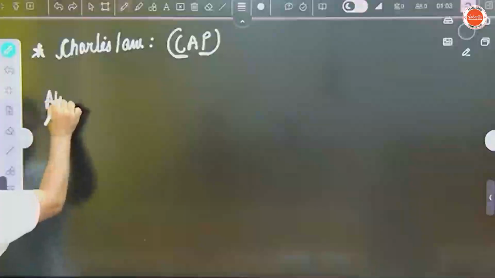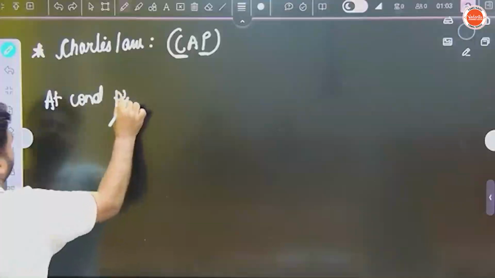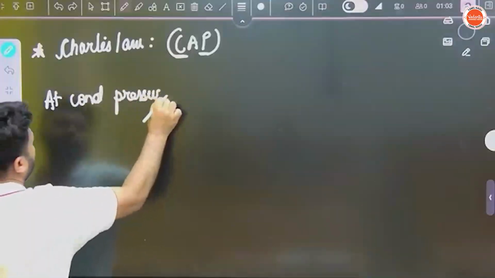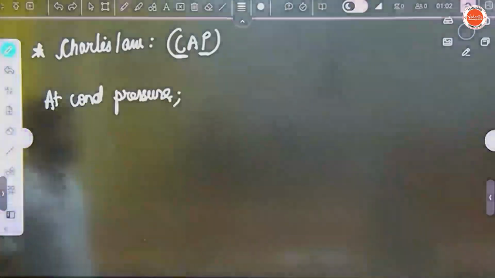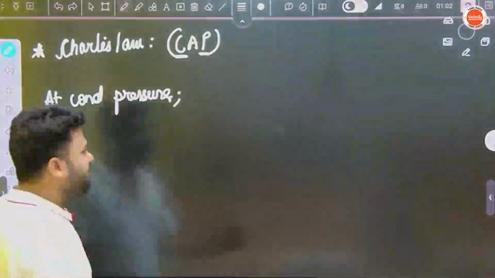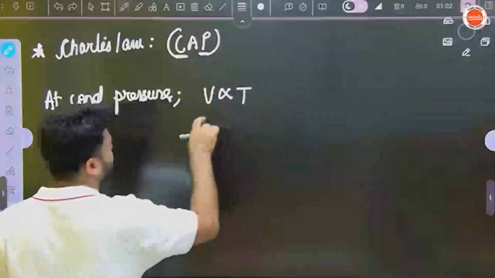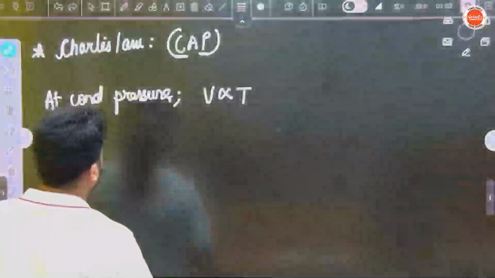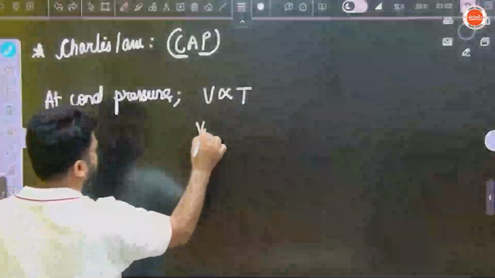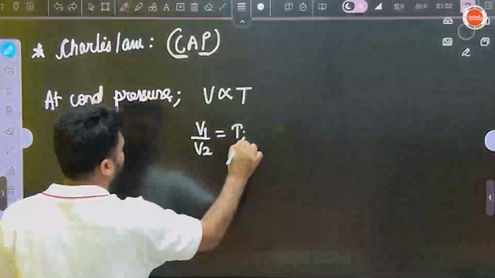It says that at constant pressure, the other two parameters are volume and temperature. The volume of the gas is directly proportional to temperature. If you increase the temperature, volume will also increase. If you increase the volume, temperature will increase. Means V1 by V2 equals T1 by T2.